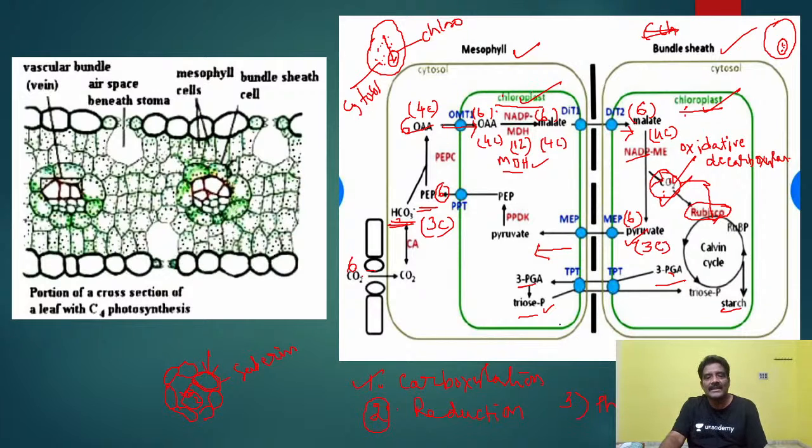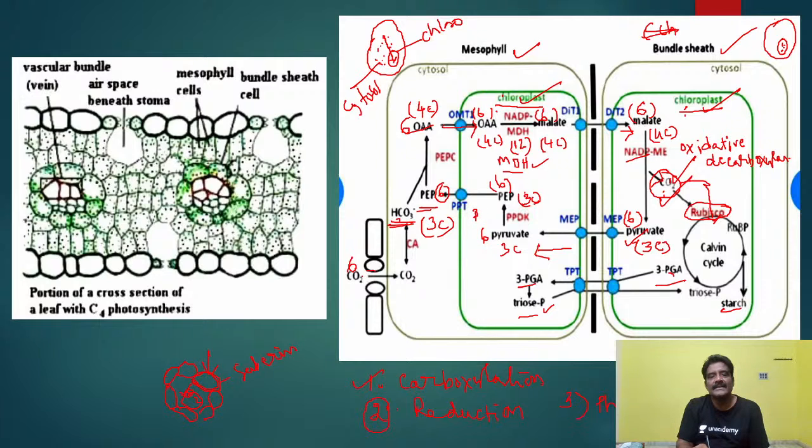Here, pyruvic acid, which is 3 carbon, 6 molecules again, is converted into PEP. This is also 6 molecules of PEP, containing how many carbons? 3 carbons only.